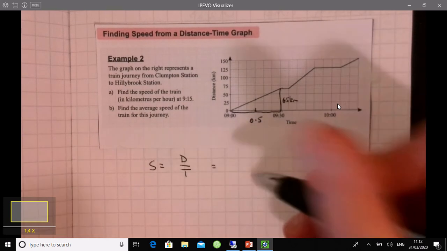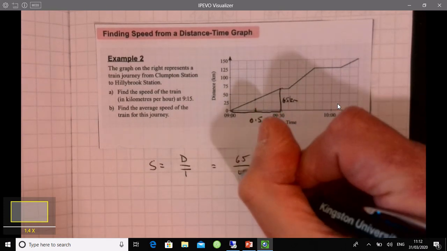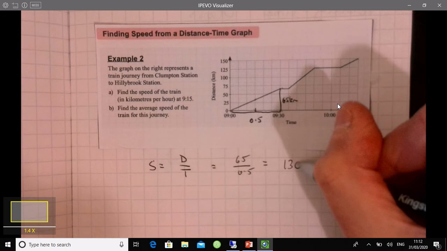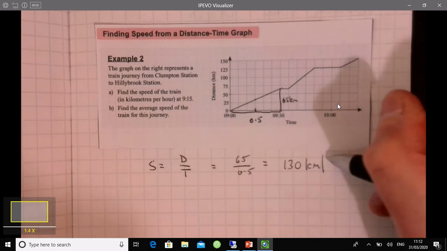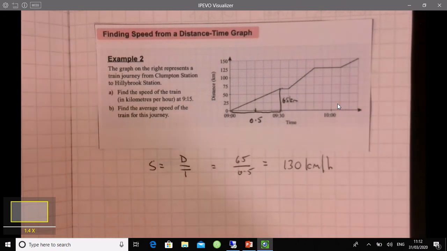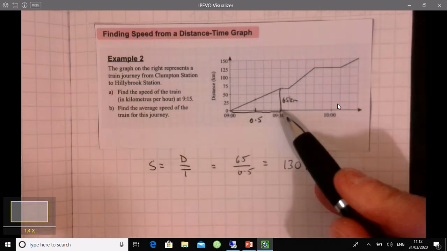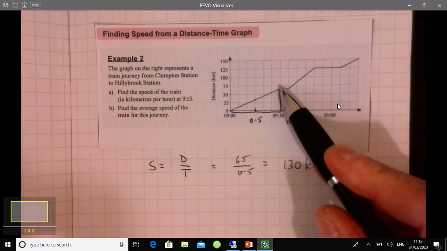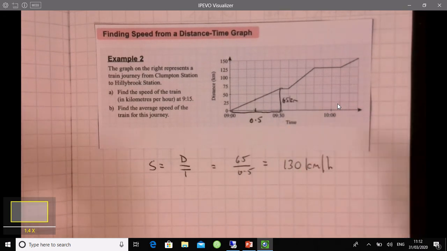So distance over time. So 65 divided by 0.5 equals 130 kilometers per hour. Remember, the other thing that you could have said to yourself is, I've gone 65 kilometers in half an hour. How far would you go in 1 hour?